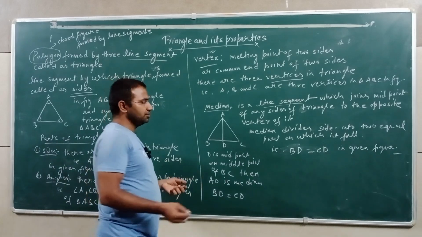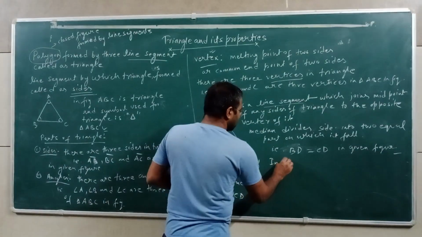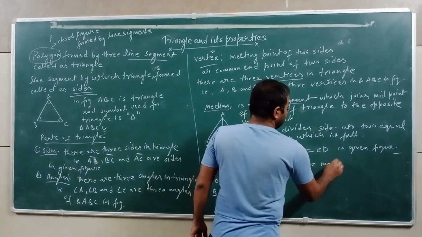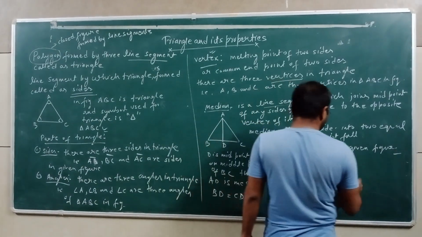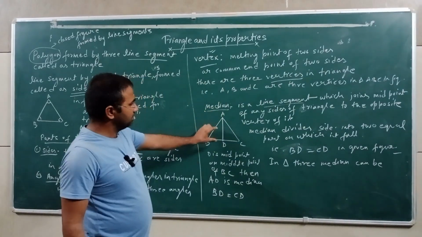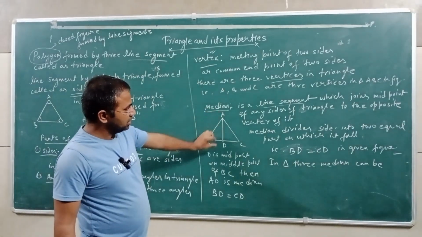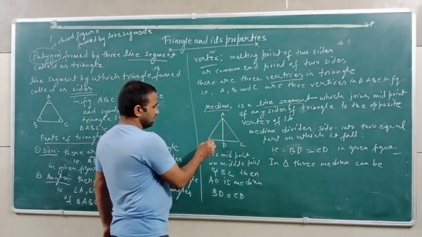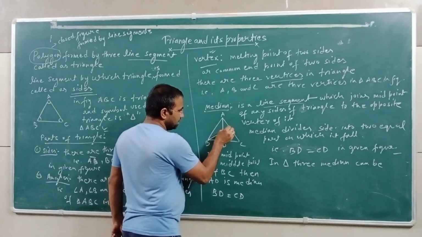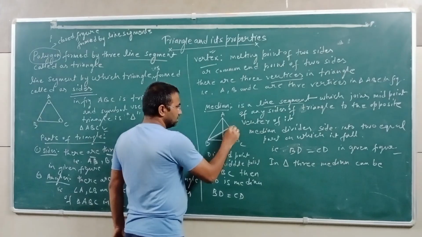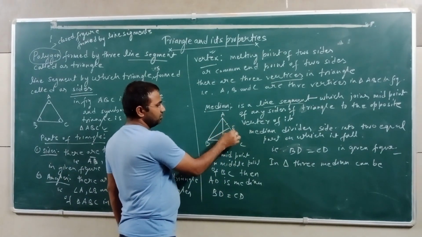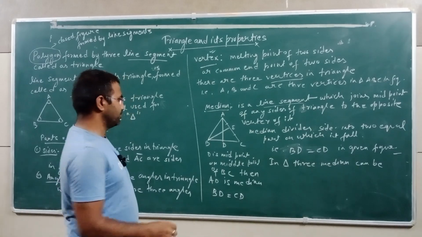In a triangle, three medians can be drawn. As we have drawn the median from vertex A to side BC, similarly you can draw median BE to side AC, where AE becomes equal to EC.